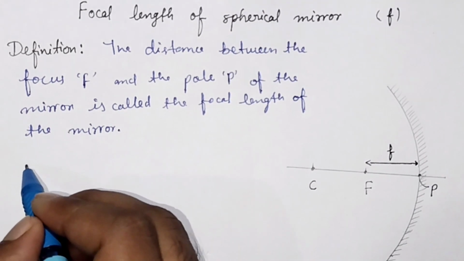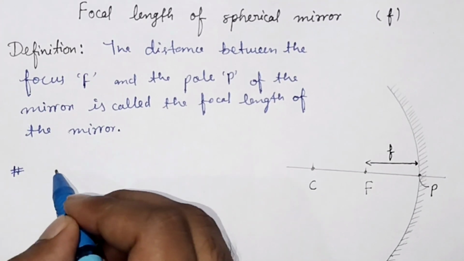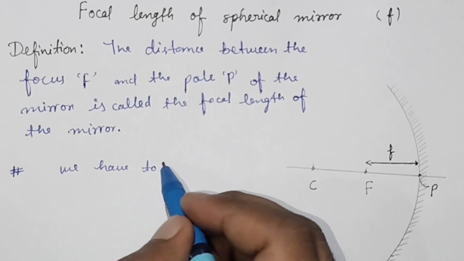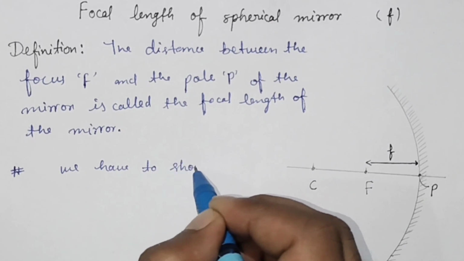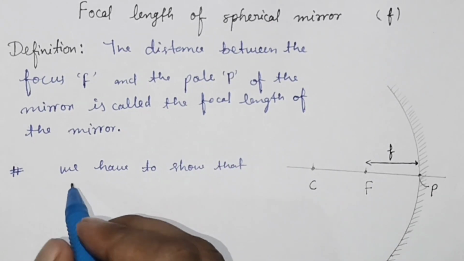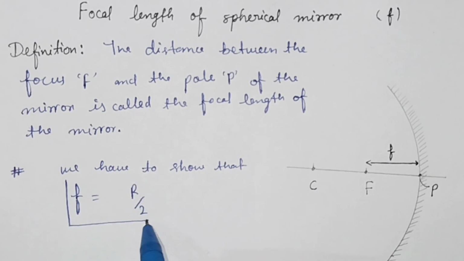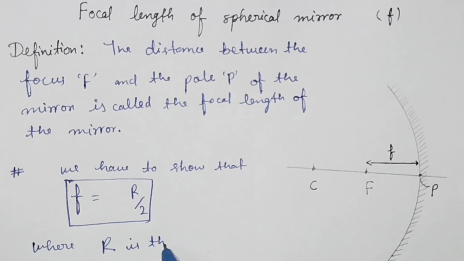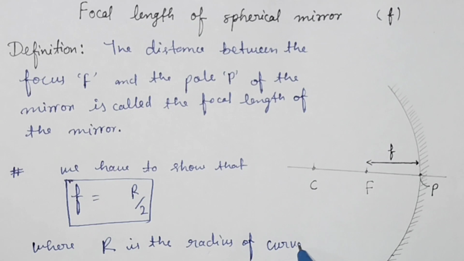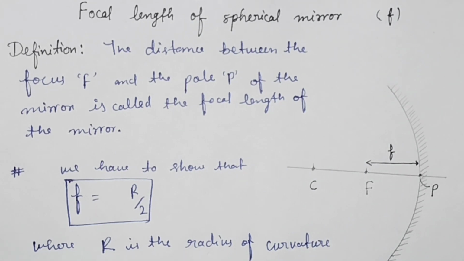So now we have to show that F is equal to capital R upon 2, where capital R is the radius of curvature of the spherical mirror.